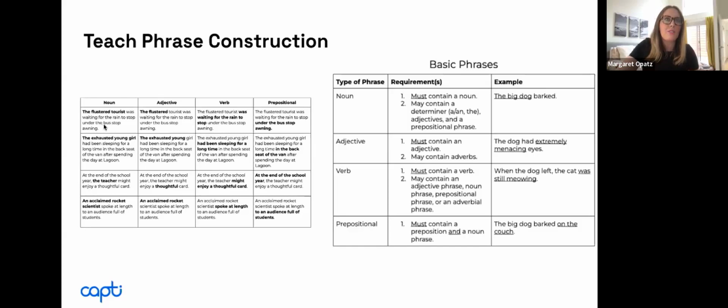I will also give students, this is a sheet that has the same sentence across each of those phrases. And I would cut this up and have students sort them into noun, adjective, verb, and prepositional phrases.